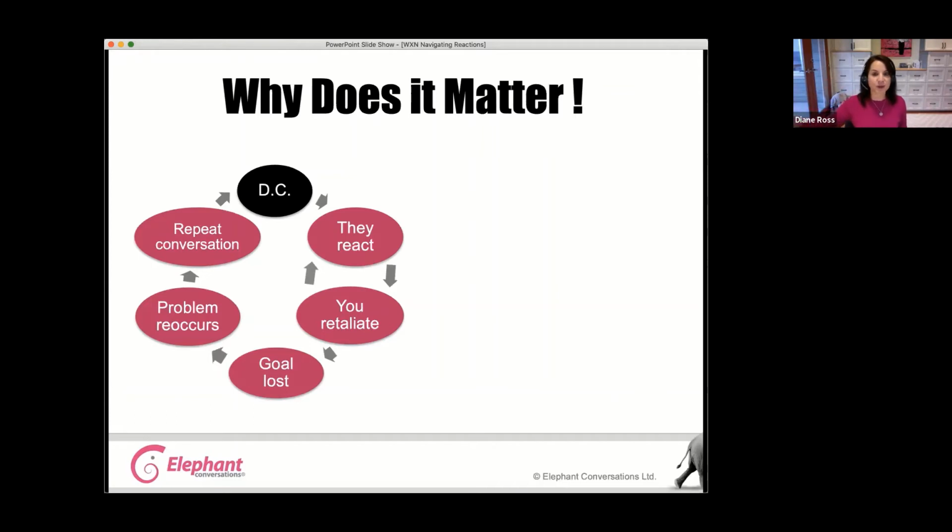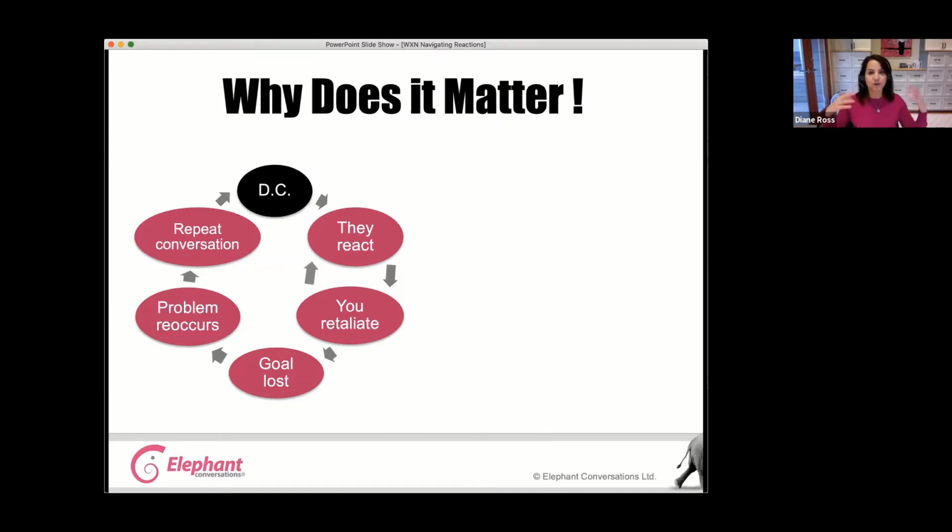We treat social threats the same as we treat a threat of a pit bull chasing you, a grizzly bear, whatever it be. Our brain doesn't know the difference, right? So they react, and it's like this instinctual amygdala hijack, and we retaliate, right? Or we react back, rather than responding. And we get into this vicious circle, goes around and around. And then sometimes you totally forget what your goal is, right?